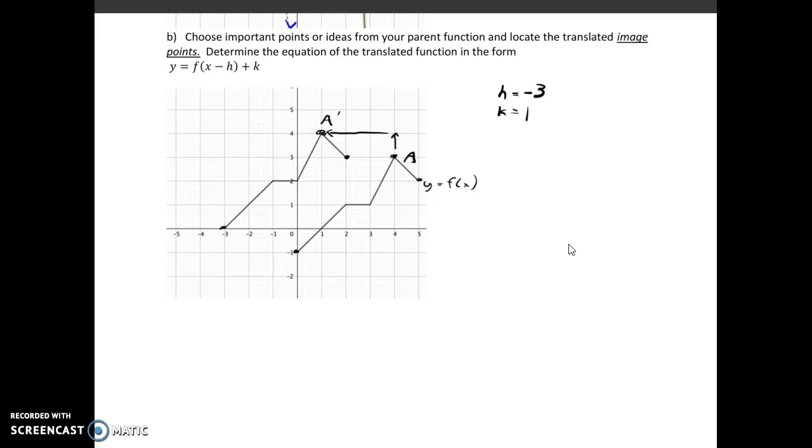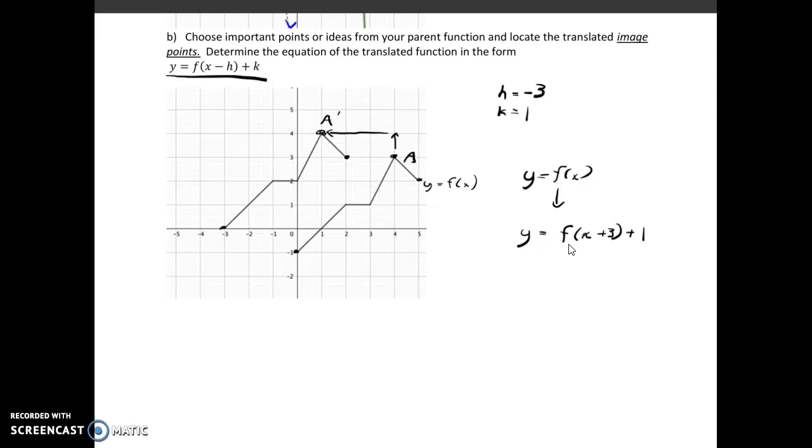So in function form, what is the equation of this function? I have no idea, but I can still communicate the idea of the transformation in the general function form. So we start off with y is equal to f of x, and this got changed into y is equal to f(x plus 3) plus 1.